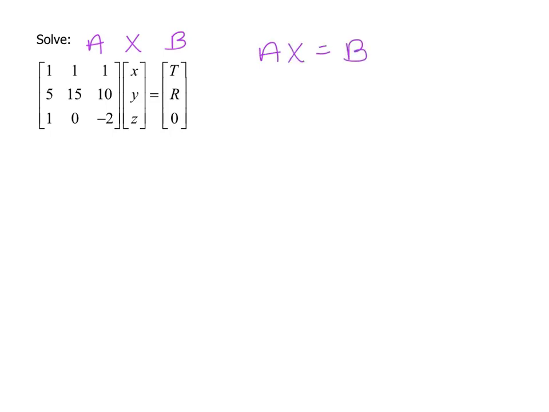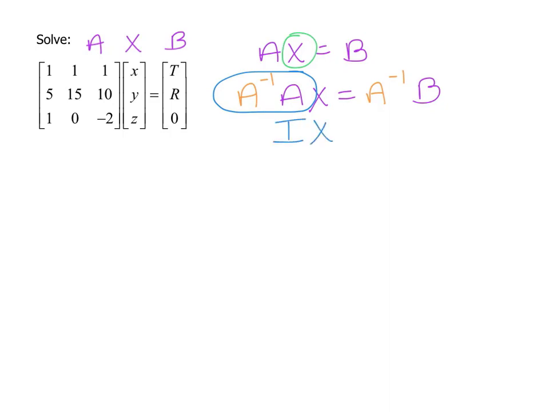If I want to solve for x, all I have to do is multiply both sides by A inverse, on the left since A is on the left. When I multiply A inverse times A, that gives me I. I times x is just x. So my solution is A inverse times b.